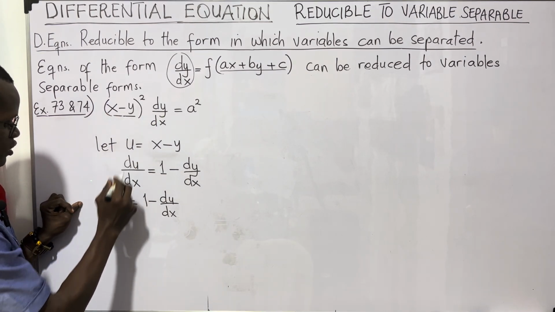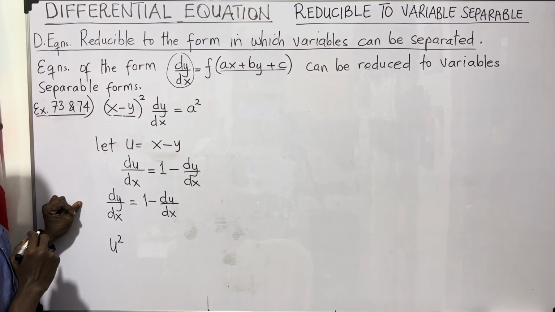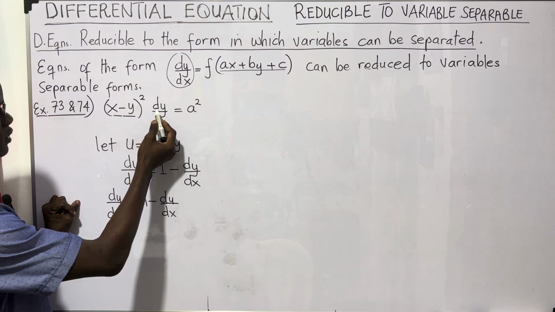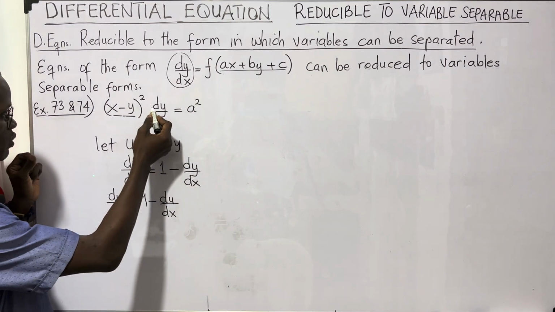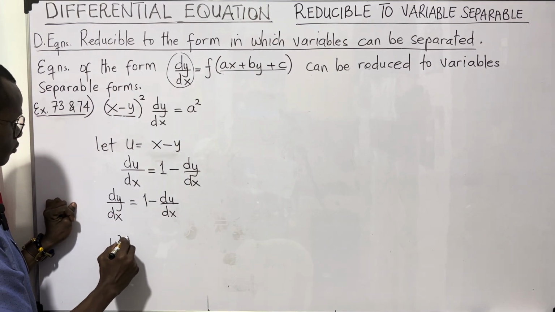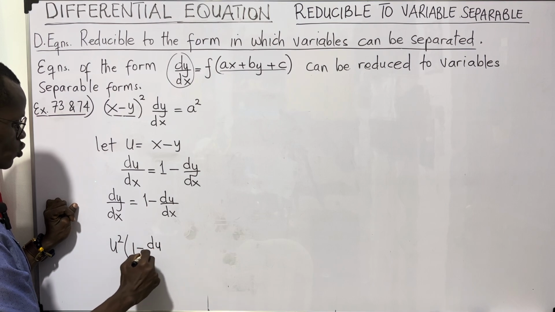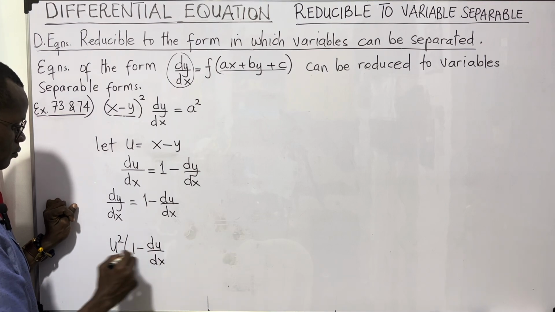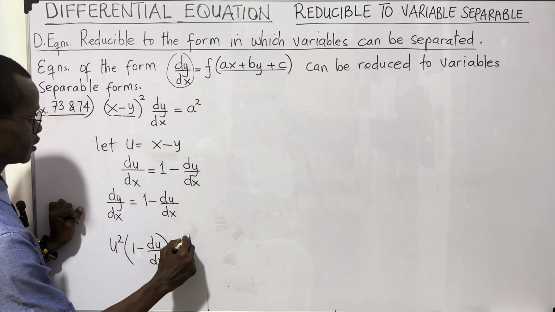X minus y is just u, so it's u squared, and dy by dx is 1 minus du by dx, equals a squared.